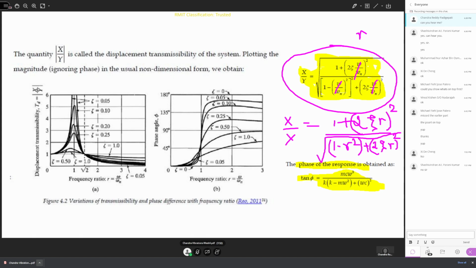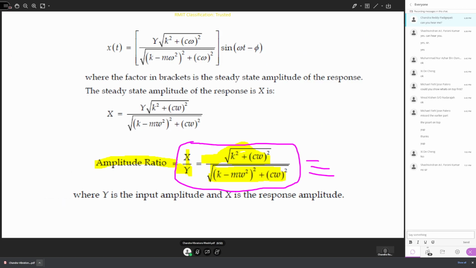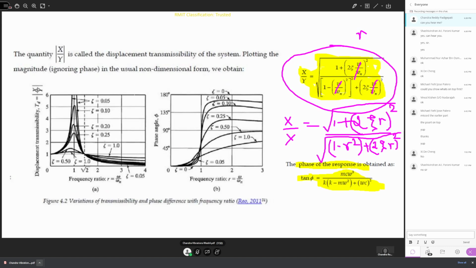Okay, you can see the square root is for the entire thing. So both the equations which you see here, when you replace with omega over omega n, you will get this with the damping ratio and the frequency ratios.